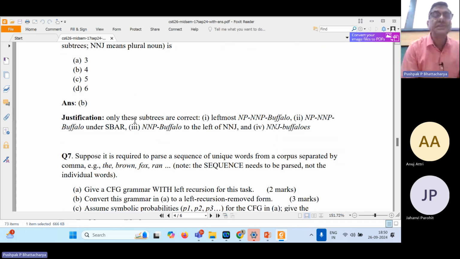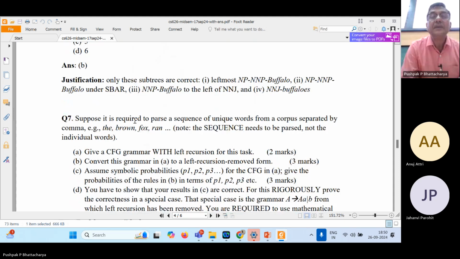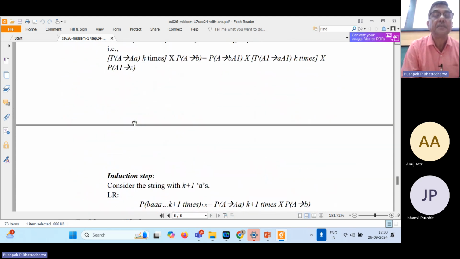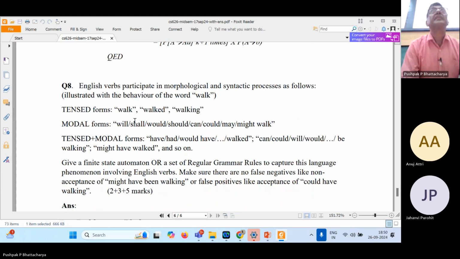Now come the subjective questions. First, let me do the last one, which was the easier of the two. English verbs participate in morphological and syntactic processes as follows, illustrated with the behavior of the word walk. We have the tensed form: walked, walking.